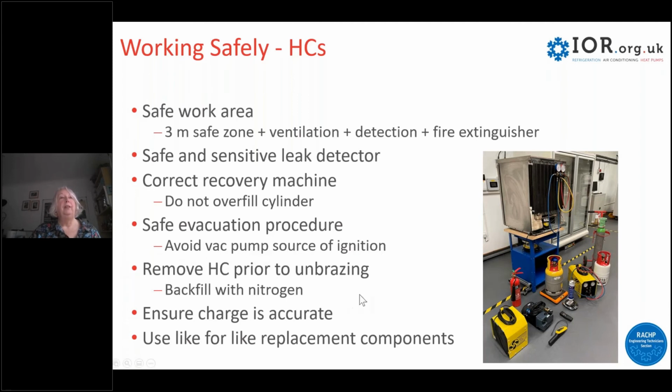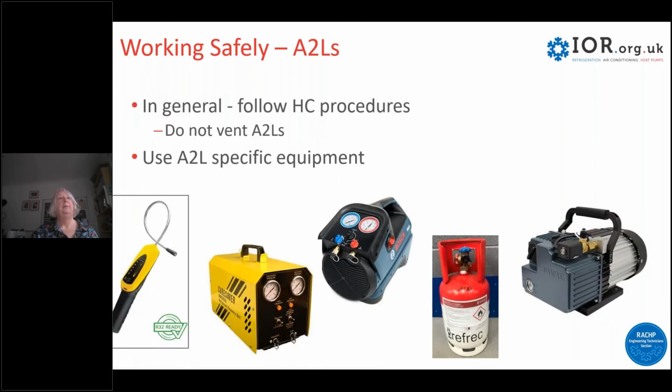You need to make sure you've safely removed hydrocarbons and the other flammable refrigerants prior to unbrazing, and then backfill with nitrogen. I'm going to touch on that in a minute. Make sure the charge is accurate. Lots of these flammable refrigerants have a lower charge, so accuracy is more important. And then if you're replacing components, just make sure that you're replacing like for like, especially electrical components.